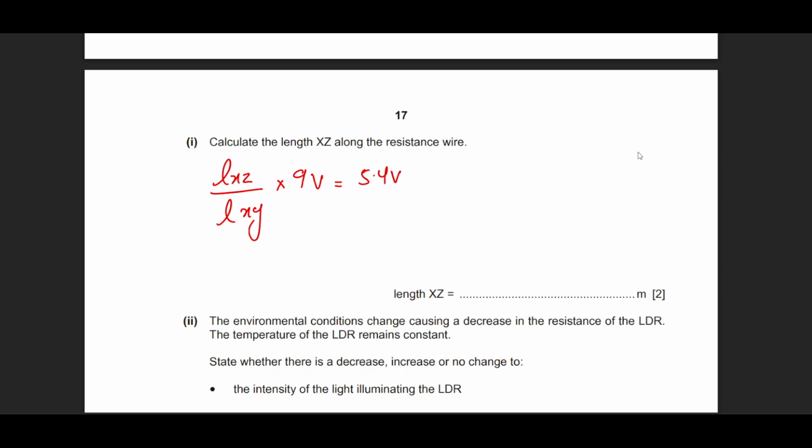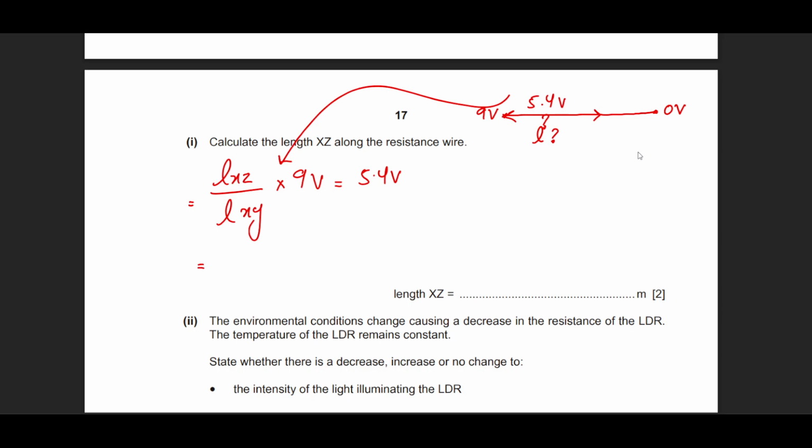You see what we've done over here? We're applying the potential divider in some sense. You see, the whole wire consumes 9 volt: 9 volt enters and 0 volt leaves. The whole wire consumes 9 volt. What portion of this wire should consume 5.4 volts? What length should consume this? So this is that ratio that we are implementing over here.